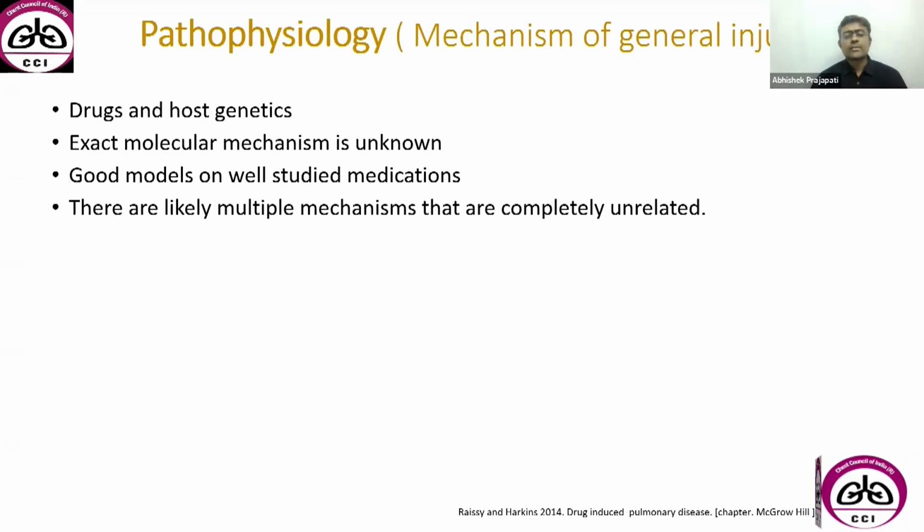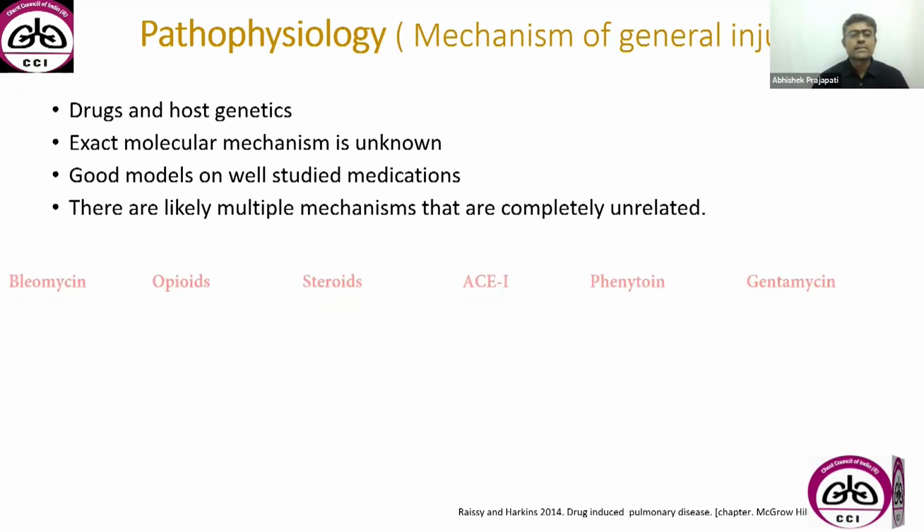If we understand the pathophysiology, the drugs and host genetics play a very important role in lung injury. The exact molecular mechanism is unknown. Good models and well-studied biomarkers are still needed, and there are likely multiple mechanisms that are completely unrelated. A single drug can cause multiple types of injury. Bleomycin is likely to cause 29 types of lung injuries, from pulmonary fibrosis to cavitations to granuloma formation.